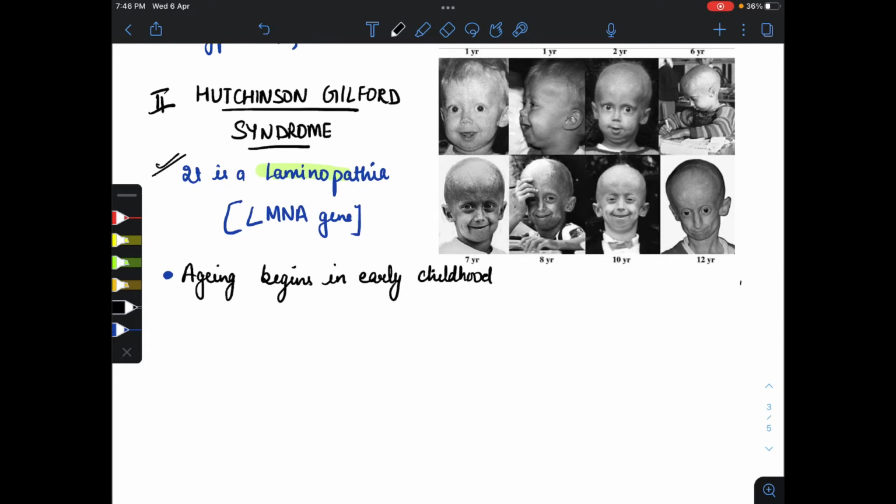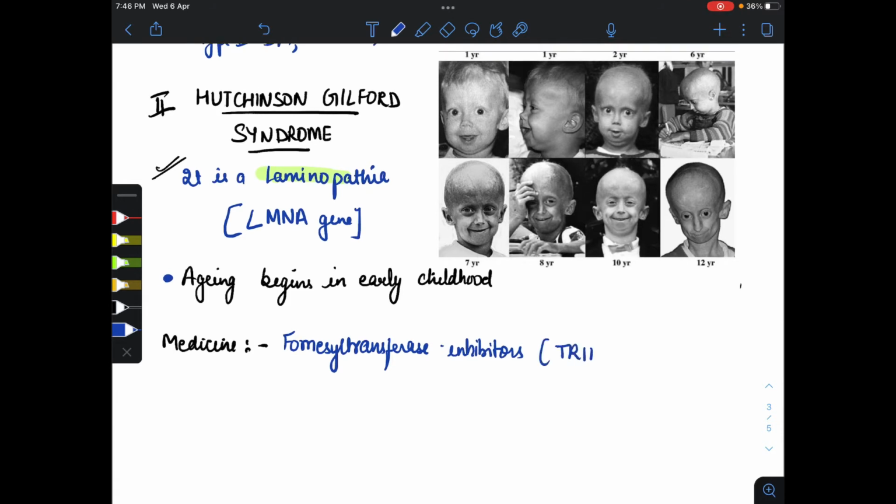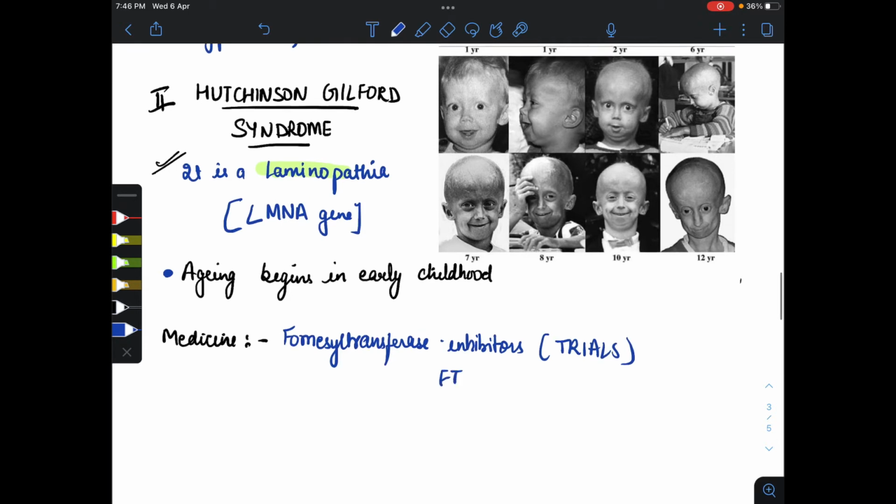In this we can give one medicine for treatment: farnesyltransferase inhibitors, FTI, and trials are going on. As we see here, all these children look like aging persons.